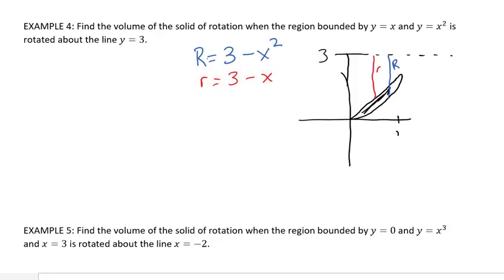Those are the distances. So now our volume would be the integral from 0 to 1, don't forget the pi, of the outer radius squared, 3 minus x squared, quantity squared, minus the inner radius squared, 3 minus x squared, dx.